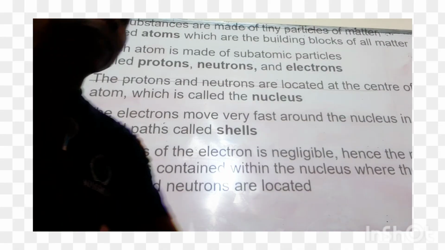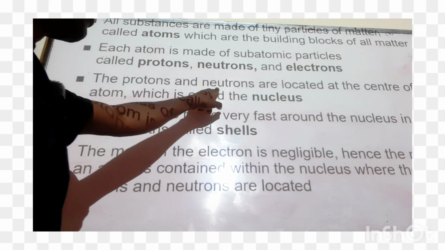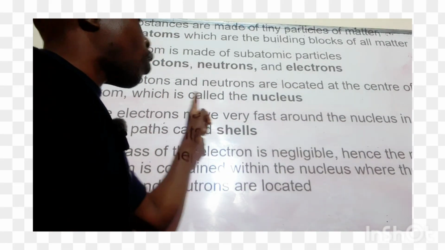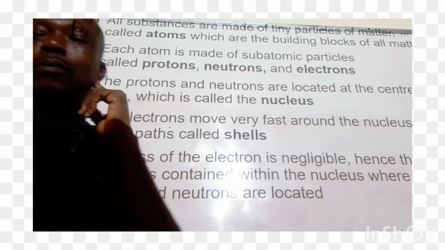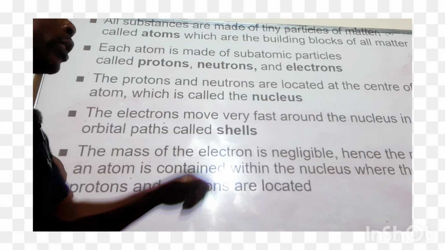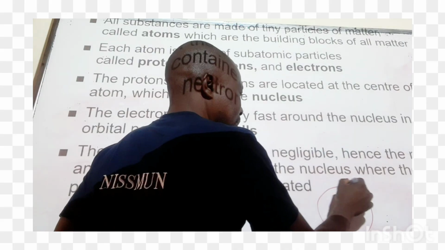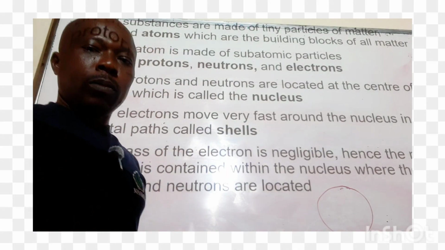And we are going to be dissecting how these particles are located in an atom. Now, the protons and neutrons are located at the center of an atom, which is called the nucleus. In other words, if an atom is like a circle like this, take this circle as an atom.